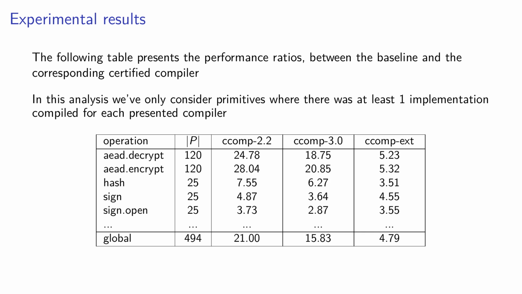This is mostly due to the lack of support of intrinsics, as it can be observed in the last column of the table, where we were able to lower the performance penalty down to roughly 4.8, or from another point of view, we perform 3 to 4 times better when comparing to the certified alternatives.